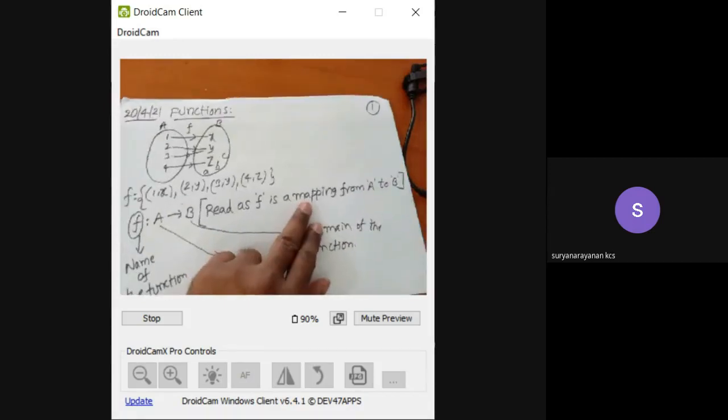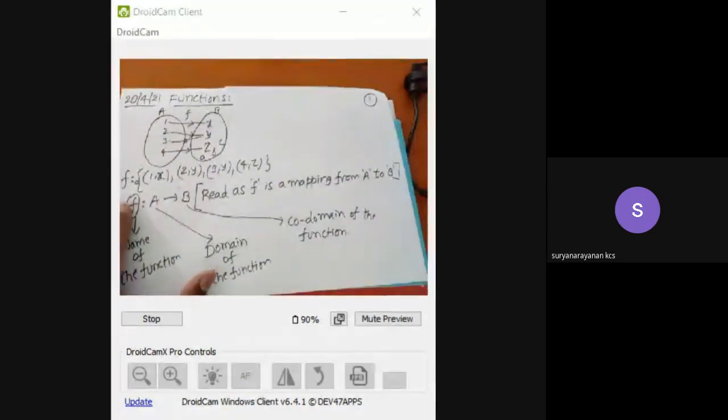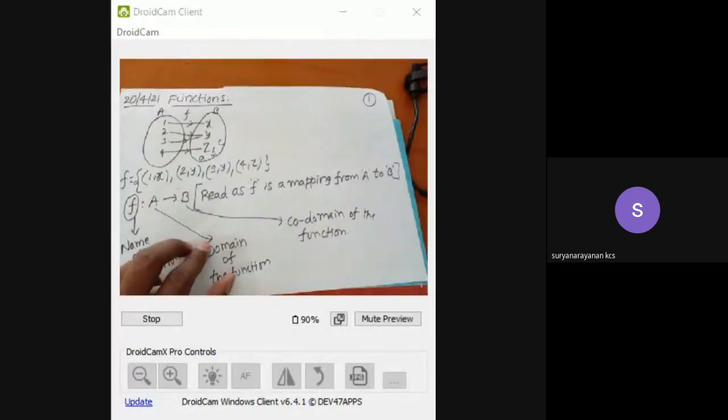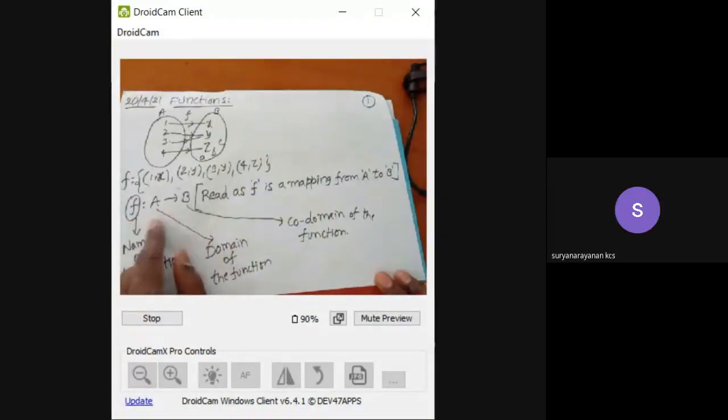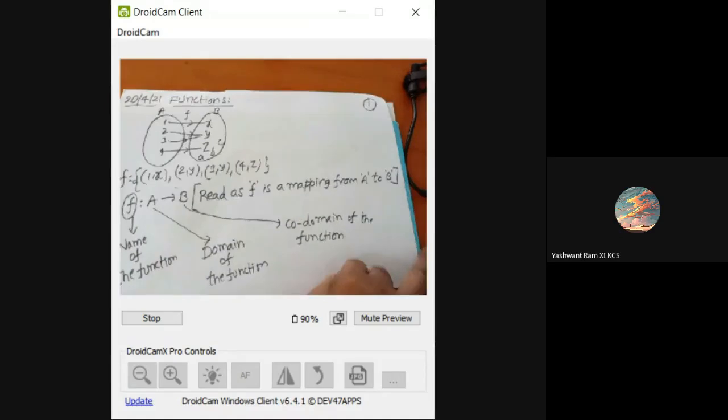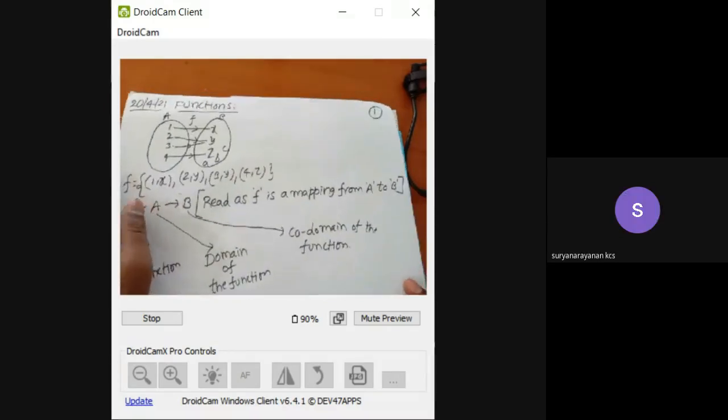How do you read this notation? Janani. Yashwantram. Sir. How do you read this notation? Please once read this notation. A tends to be. Huh? A tends to be.